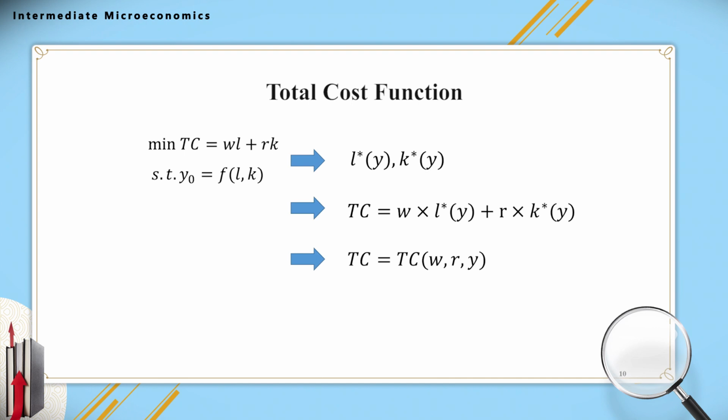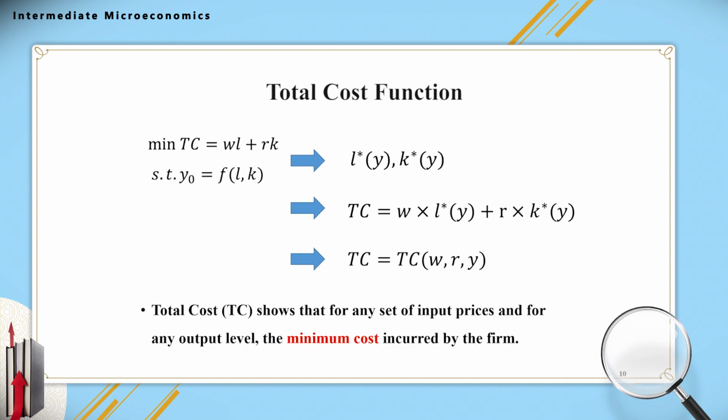Solving the cost minimization problem allows us to find out the minimum total cost that the producer needs to pay to produce any output level at any given input prices. We call it the total cost function.